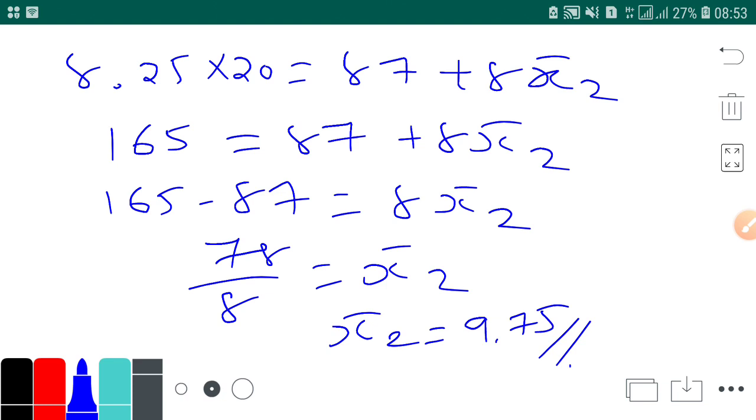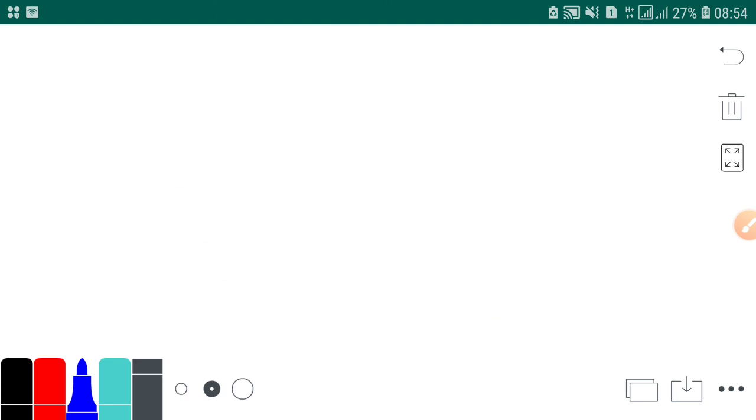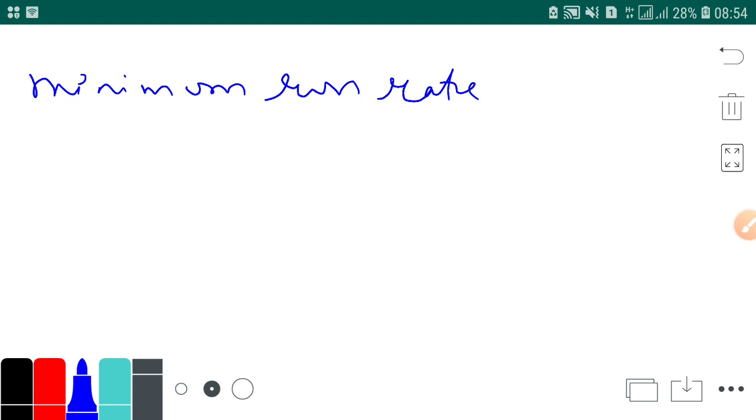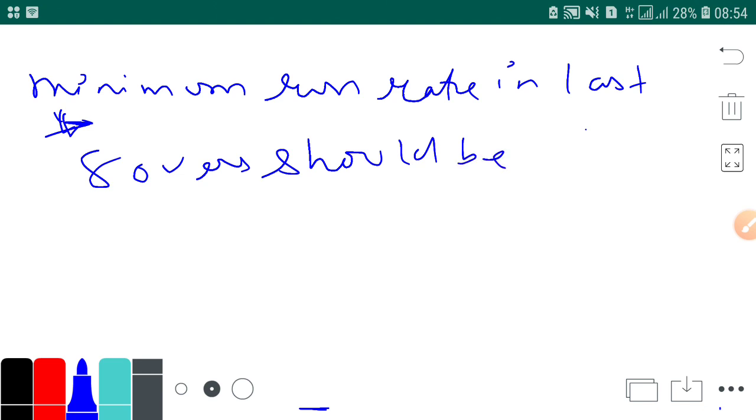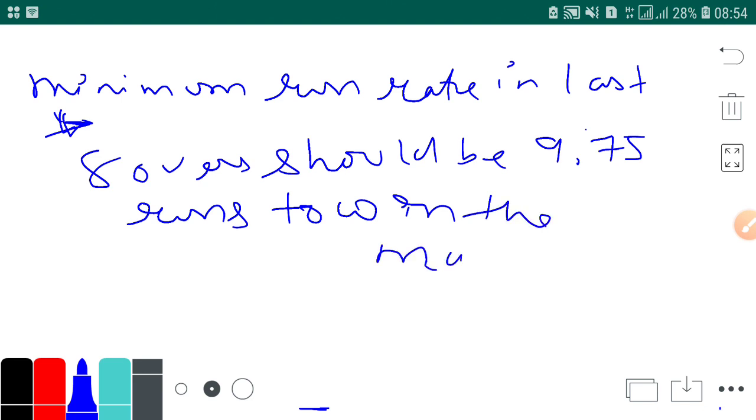Yes, what this 9.75 means, that minimum run rate in last 8 overs, minimum run rate in last 8 overs should be 9.75 runs to win the match.